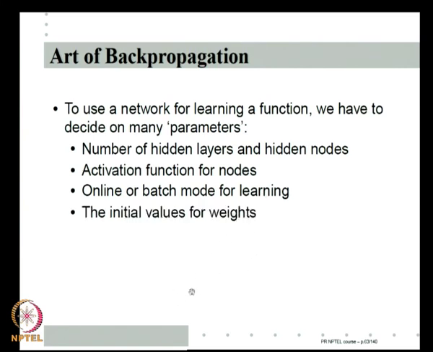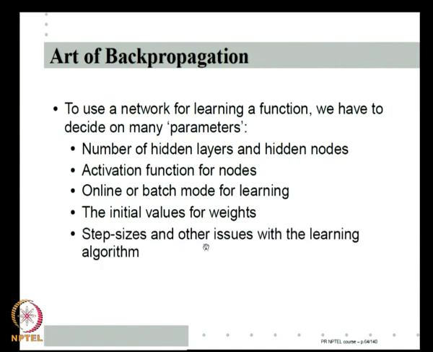The learning algorithm is an iterative gradient descent, so we have to start somewhere, and because gradient descent converges to a local minimum close to the starting point, initial values can make a lot of difference. How do I choose step sizes, and other issues in the learning algorithm? The first two are about how to fix the network structure. The last three are about what I can do with the learning algorithm. All these need to be discussed, and we need some tips for all of them. So, we are going to look at each of them.